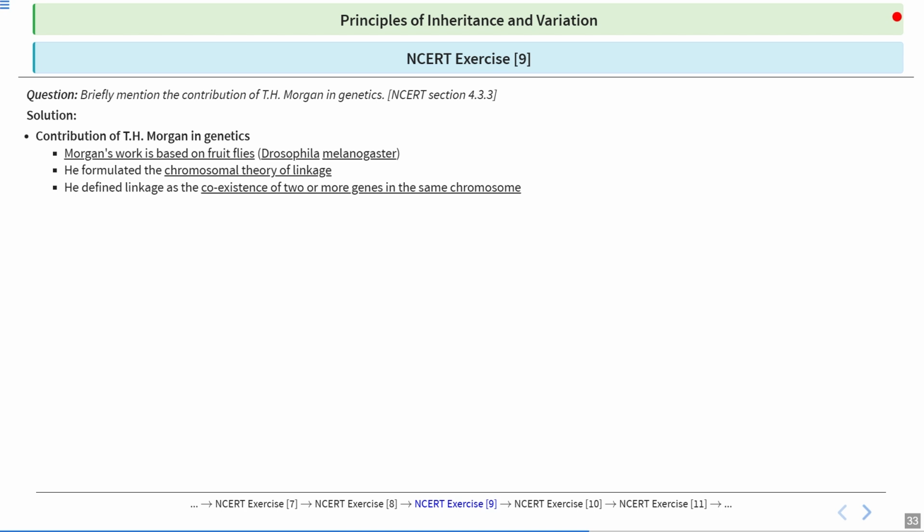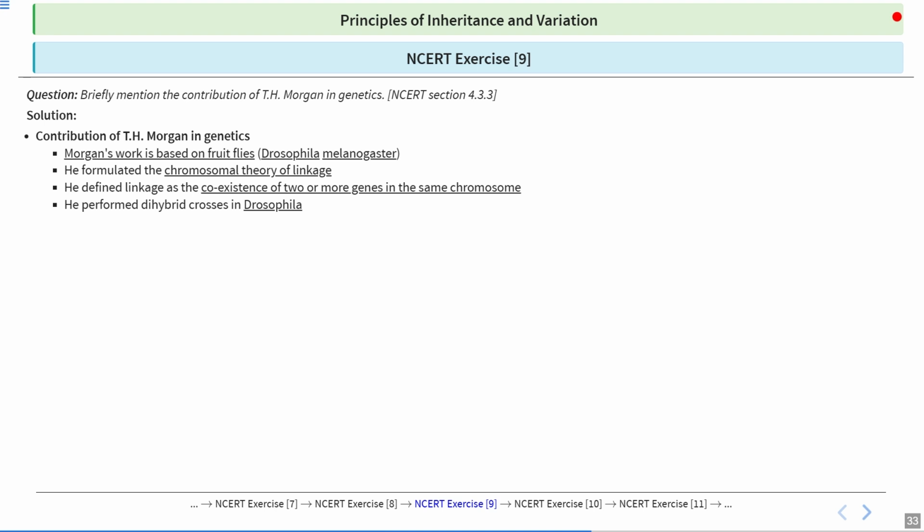Okay, the more the distance between the genes, the recombination frequency will be more. Percentage recombination will be more. If the distance between two genes is less, then the percentage recombination will be less. Now he performed dihybrid crosses in Drosophila, similar to the dihybrid crosses that Mendel made in pea plant. So what is a dihybrid cross?